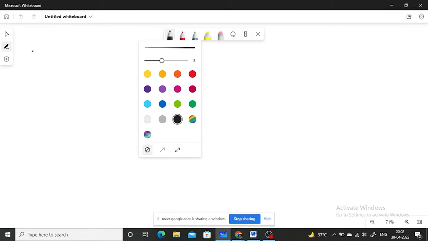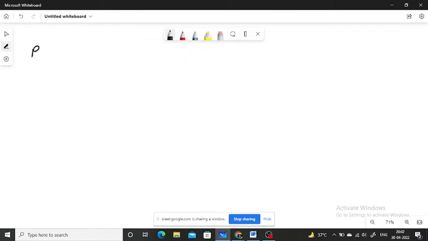In last lecture we have discussed about Poisson's ratio. एक बार आज फिर डिस्कस कर लेते हैं व्हाट इज Poisson's ratio.